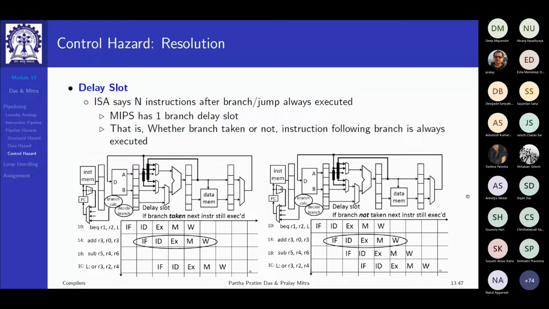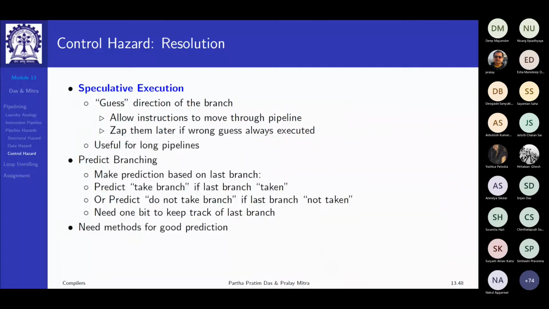And you can make use of this feature to schedule some independent instructions here to utilize the stalling effect. So that was the delay slot.